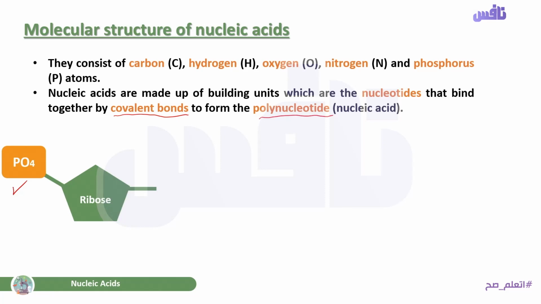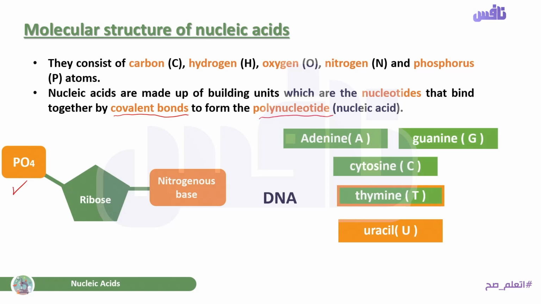And the ribose molecule will bind to another molecule called nitrogenous bases. What nitrogenous bases do we have? Just have a look at the DNA. The DNA is composed of 4 different types of nitrogenous base. So how many types do I have? I have 4 types of nitrogenous bases. Great. What are they?